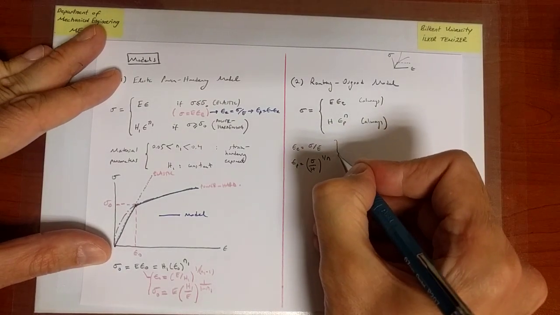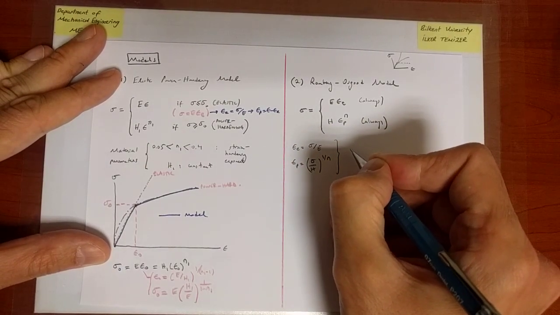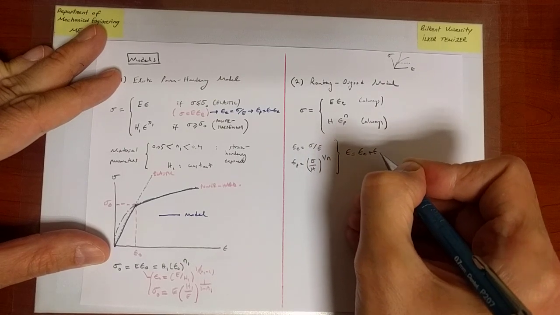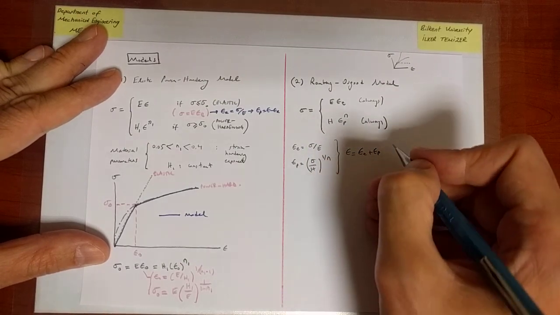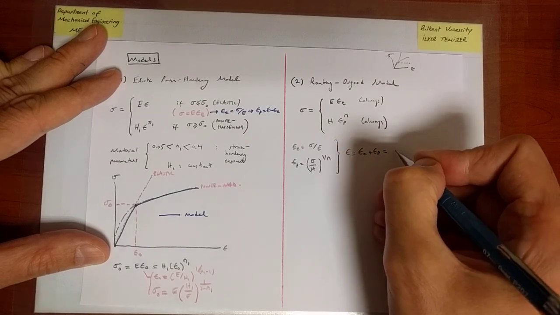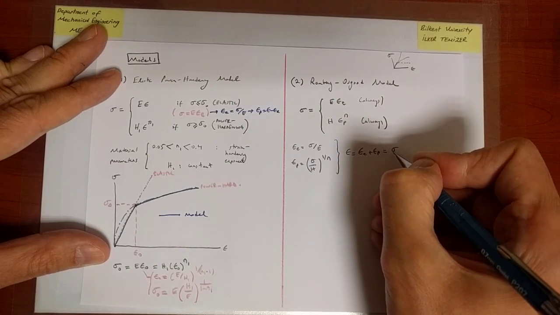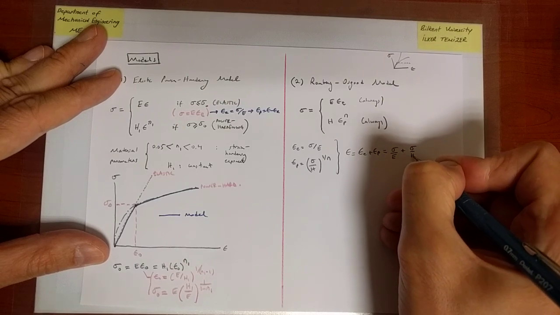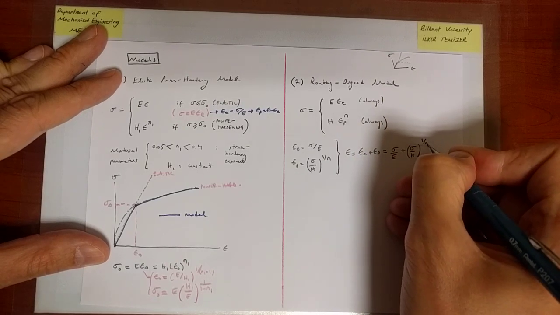And then I know that the total strain is equal to the sum of the elastic and plastic portions, and therefore the total strain is equal to sigma over E plus sigma over H to the power 1 over n.